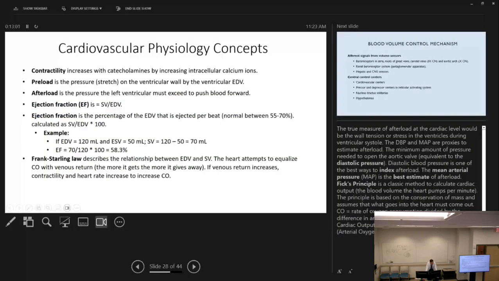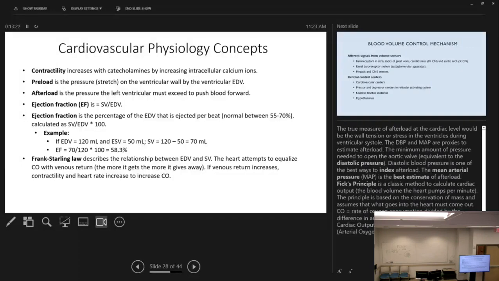Okay, contractility is easy to understand: how strong the heart contracts. It's going to increase with catecholamines. Catecholamines, remember the ventricles, the contractile cells, have mostly adrenergic receptors. Okay, acetylcholine doesn't influence the contractility.